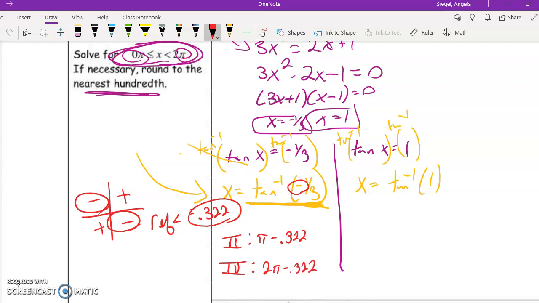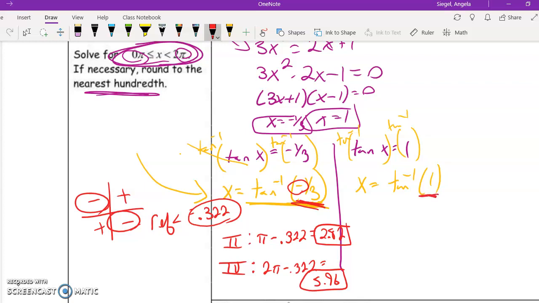In the second quadrant, I end up getting 2.82, and in the fourth quadrant, I end up getting 5.96. So those are my two values for this one.